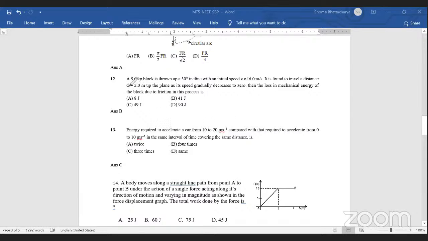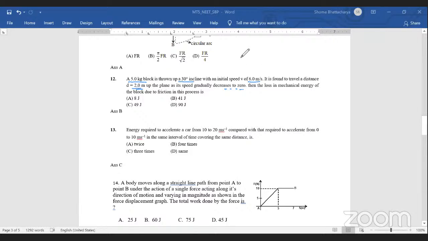Okay, so a 5 kg block is thrown up a 30-degree incline at a speed of 6 meters per second. It is found to travel a distance of 2 meters before its velocity comes to zero. Then find the loss in mechanical energy due to friction.